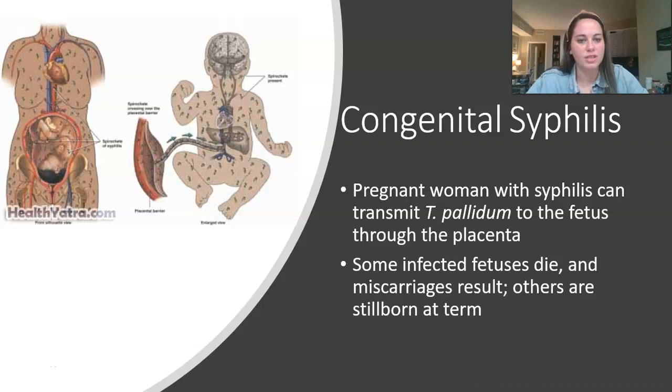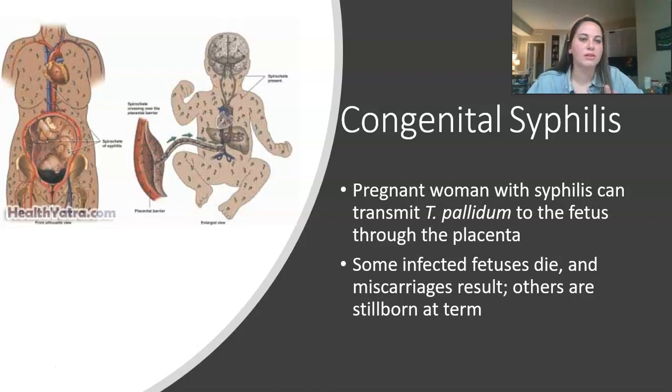So congenital syphilis is when a pregnant woman that has syphilis can transmit T. pallidum to the fetus through the placenta. Additionally, if a primary chancre is near the vaginal canal, as she's giving vaginal birth and the baby is exposed to it, the baby can also contract congenital syphilis, but most commonly it's through the placenta. And some infected fetuses die and miscarriages result, while others are stillborn at term.